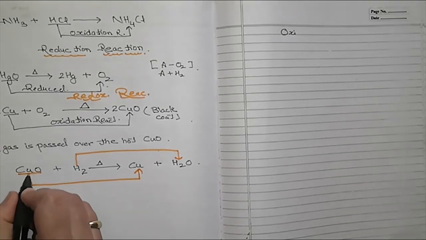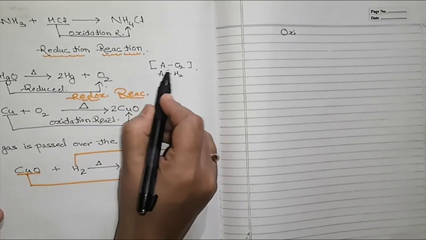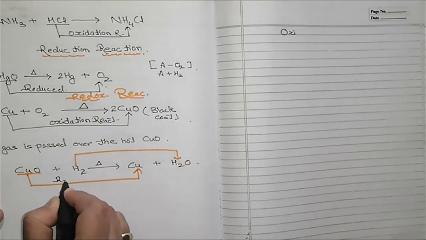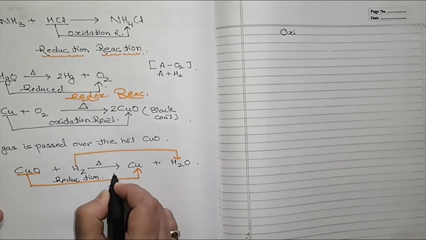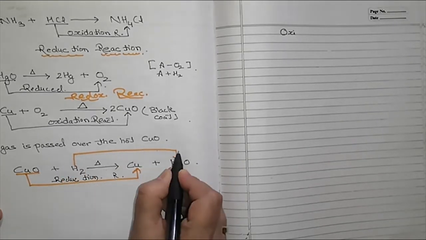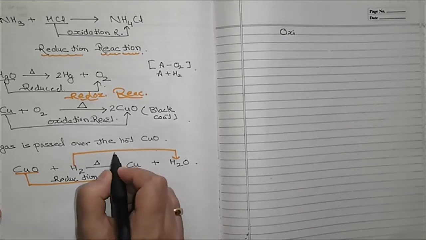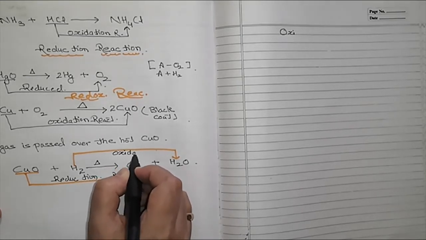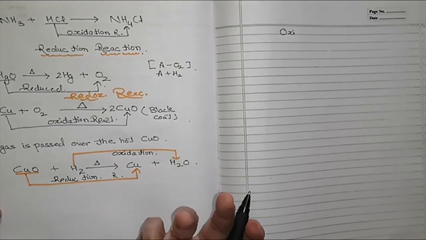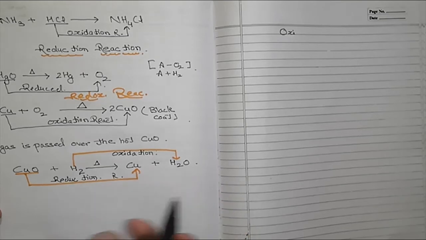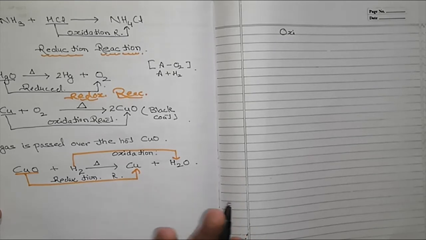So losing of oxygen is known as reduction. It is a reduction reaction, right? And gaining of oxygen is an oxidation reaction. It is not tough to learn oxidation reaction, because in the word oxidation you are already using the word oxygen. So addition of oxygen is oxidation, and just the opposite, removal of oxygen, is reduction.